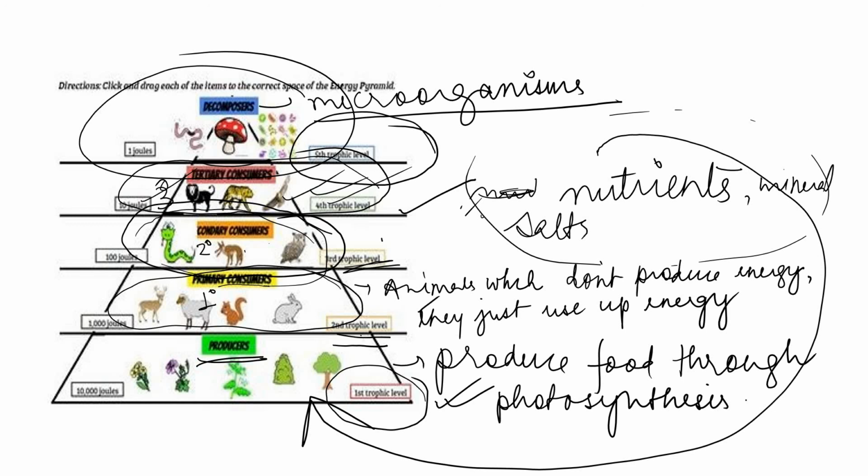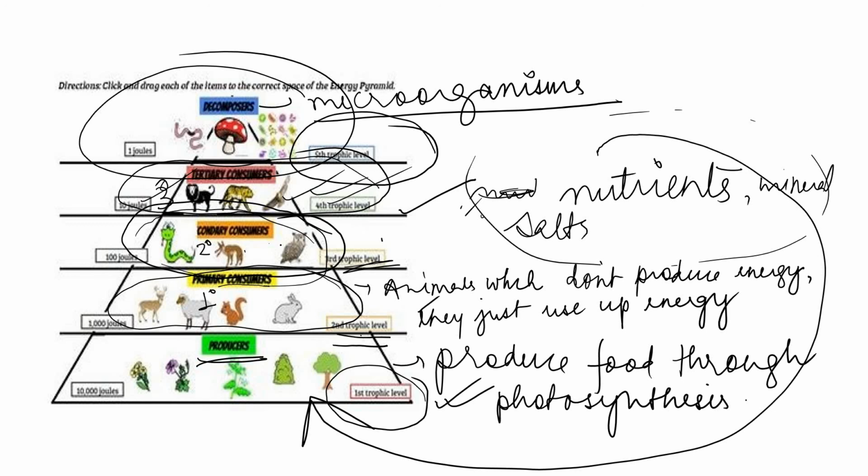Now once again, these producers will be there. These plants will be eaten up by the small primary consumers, which consist of rabbits or sheep, goats, etc. And then these sheep, goats, etc., who are the primary consumers, they will be eaten up by whom? By snakes, which also eat rabbits.